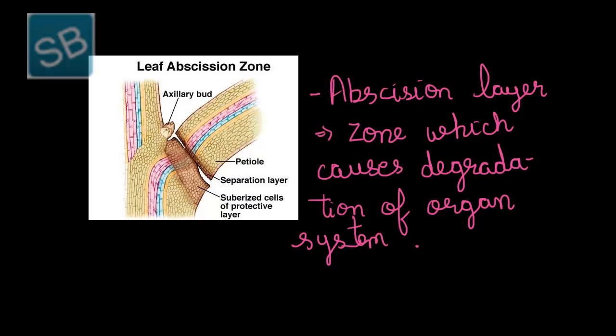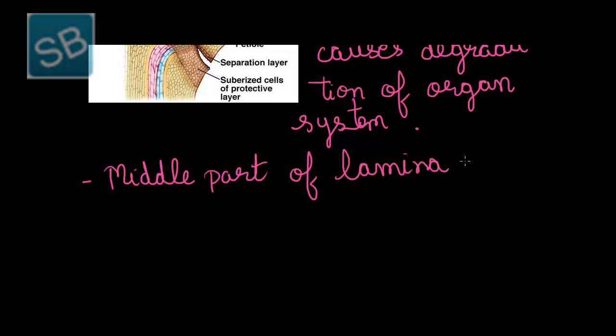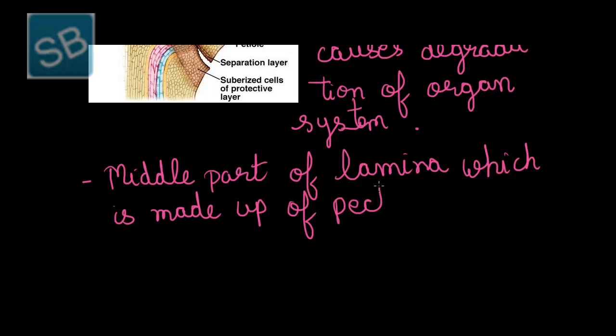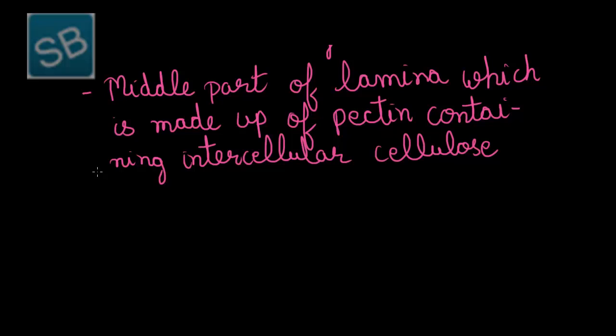As a result of this abscission layer, the middle portion of the lamina, that is the main part of the leaf, which is made up of pectin containing the intercellular cellulose cell wall, gets degraded.